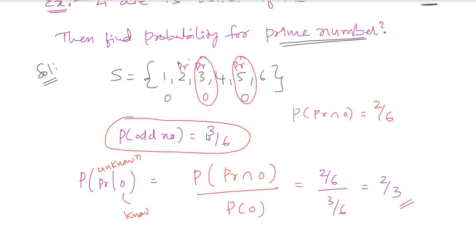So this is the best example of the conditional probability. Here, the number is odd, and based upon that they asked you the prime number probability. This is the best example of conditional probability. Clear my point? So the usage of conditional probability is writing unknown events in terms of your known events.